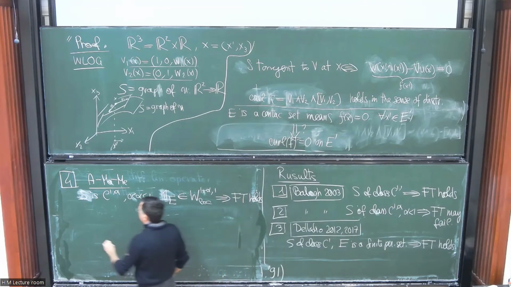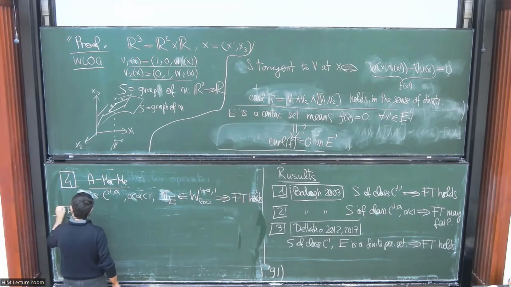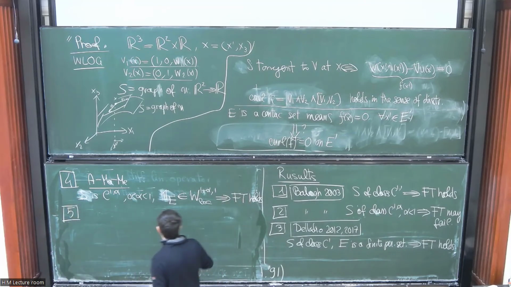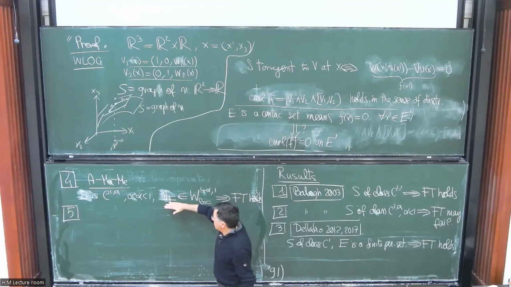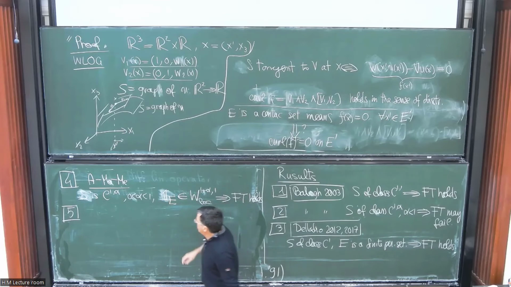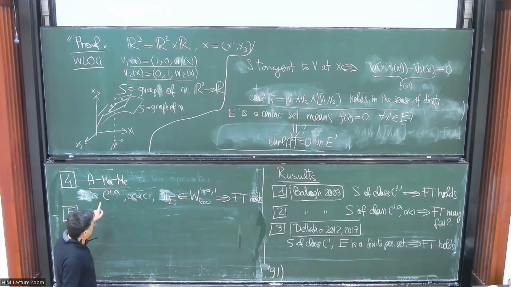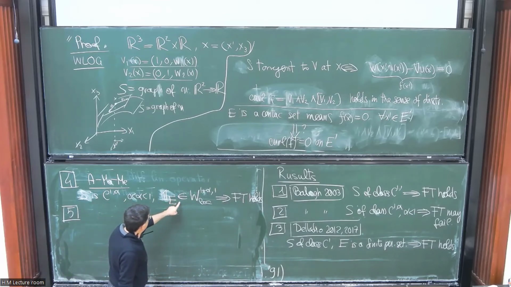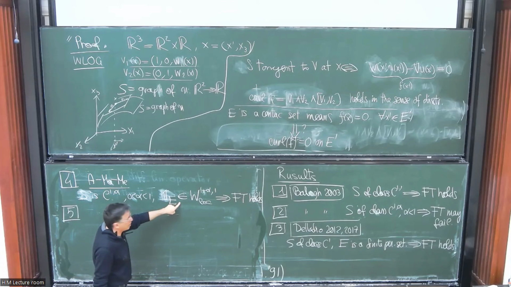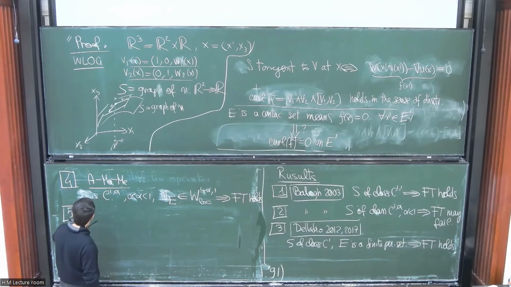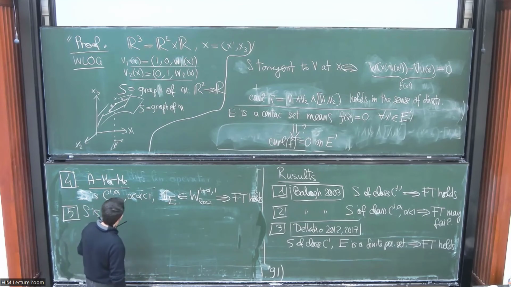But what is more interesting, I think, is what we found. This we were not surprised at all, but what we found a bit surprising is that if there is a certain regularity of this, then you don't need any regularity of the surface. So it's enough to have a certain fractional regularity of this in order to get the results without any regularity. So this is just C^1.